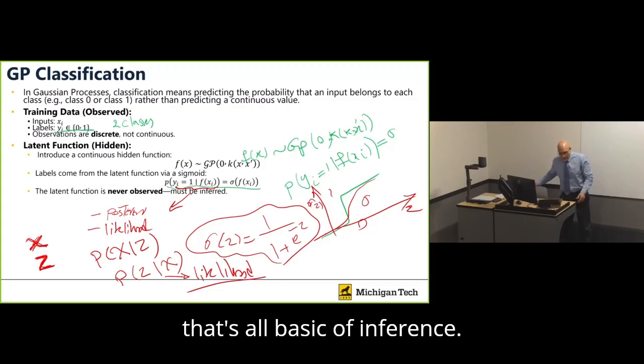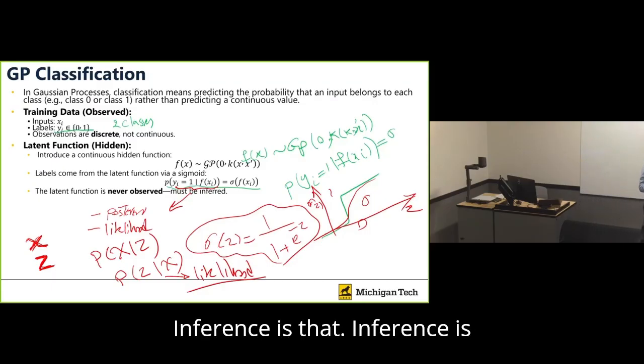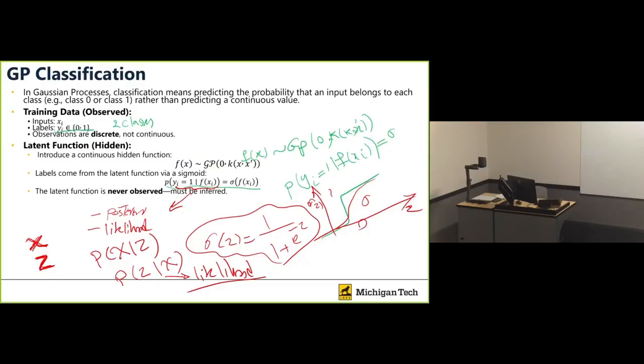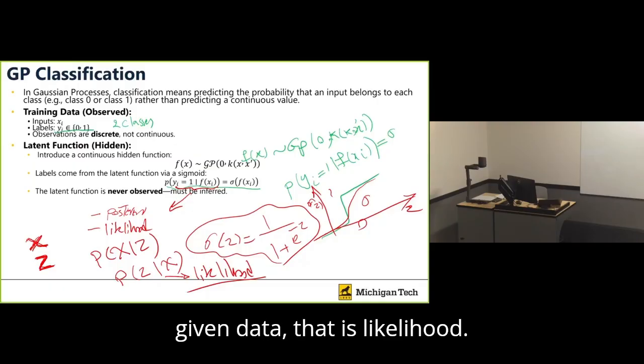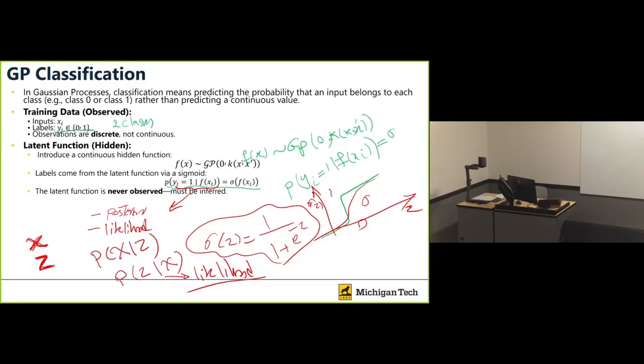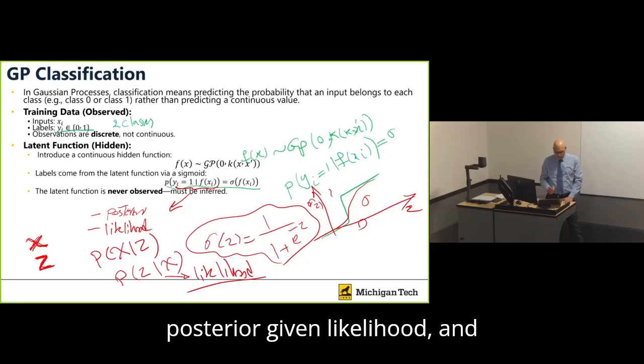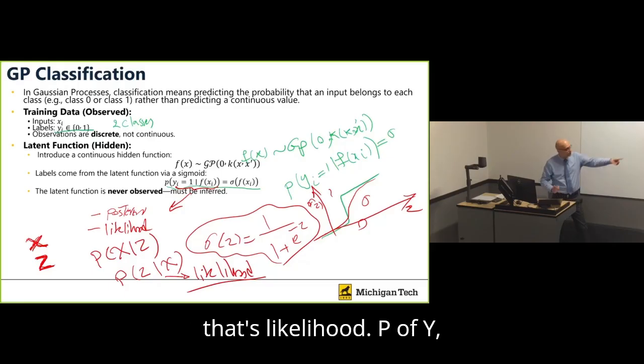So that's all the basics of inference. Inference is computing the posterior given data, that is, the likelihood. So we want to find the posterior given the likelihood.